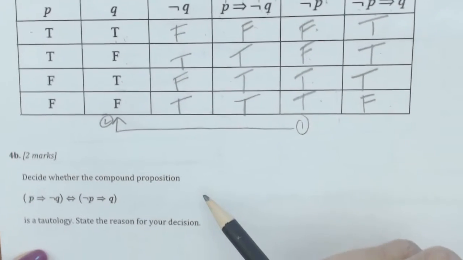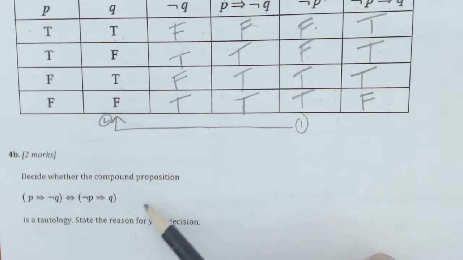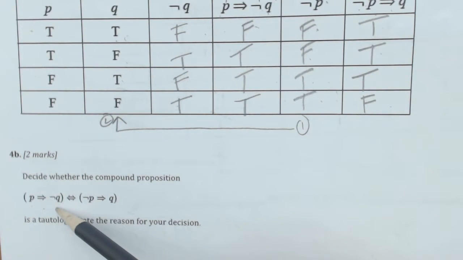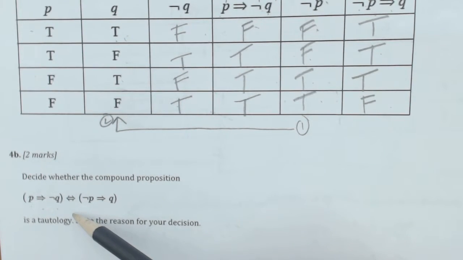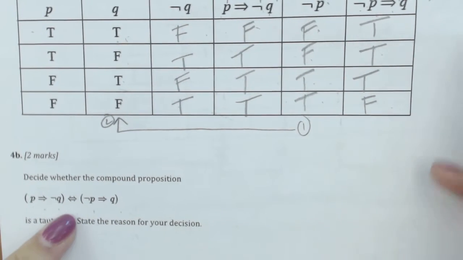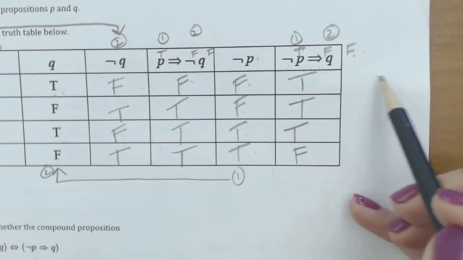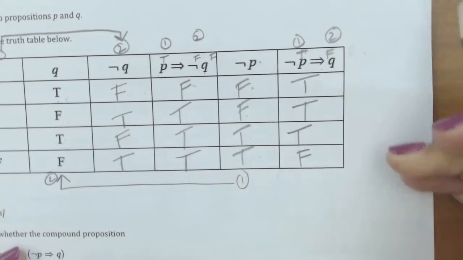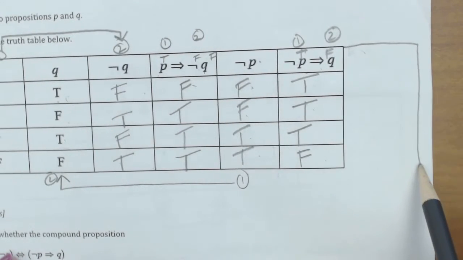Next, decide whether the compound proposition, if P, then not Q, is logically equivalent to if not P, then Q. So we don't have that column here. So what we're going to need to do, this is an extension question, because we're going to have to extend that.